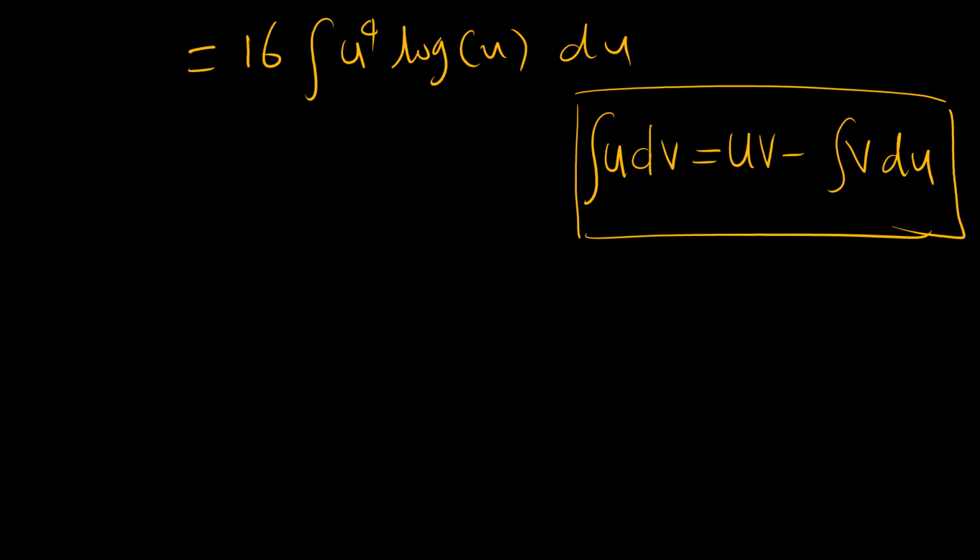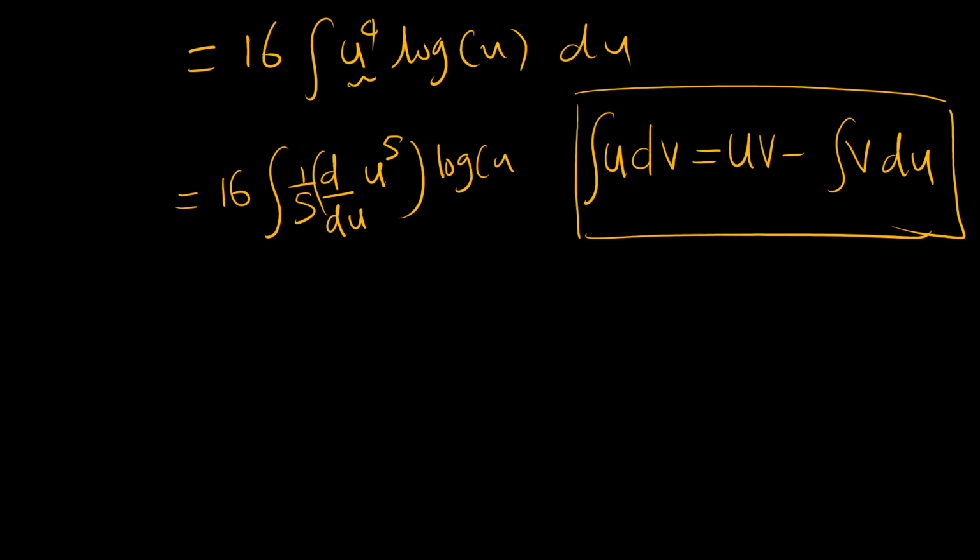In this scenario here, what we can say is that u to the power 4 is our dv, it's a derivative. So in a way we can represent it as 1 over 5 times the derivative with respect to u of u to the 5, right? Log u. And so this is dv, and this here is capital U.